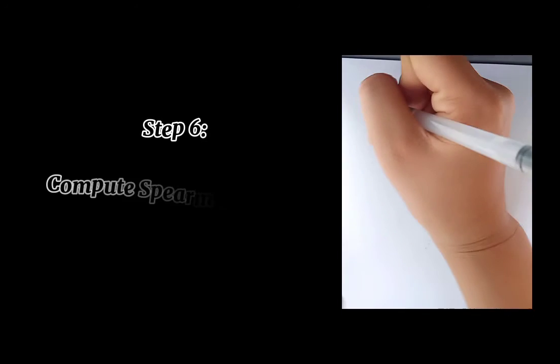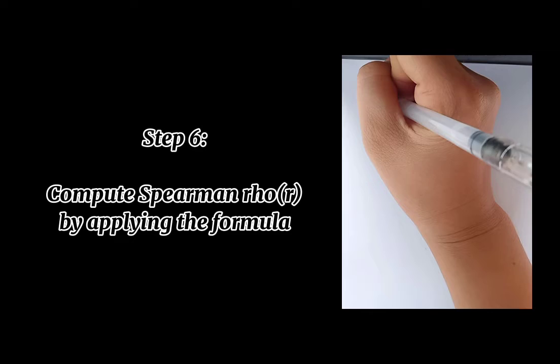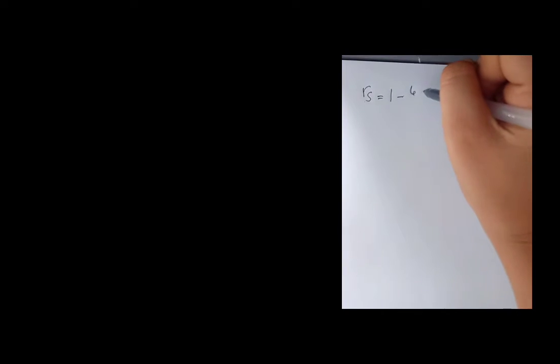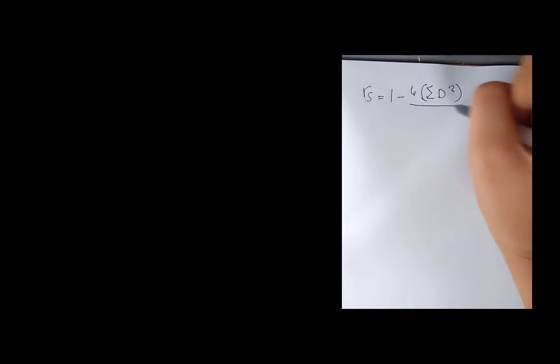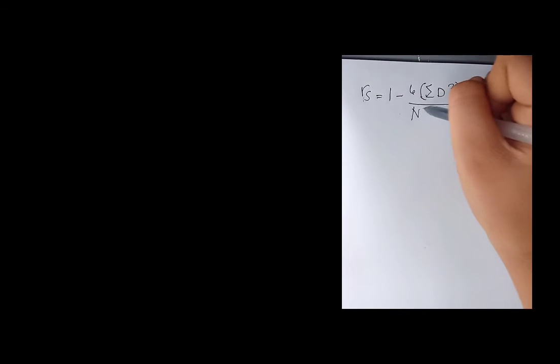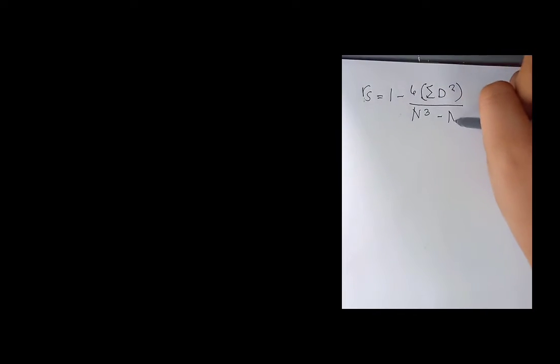Let's proceed to step 6, which is to compute Spearman rho by applying the formula. So this is the formula of Spearman rho. RS, or our Spearman rho, is equal to 1 minus 6 multiplied by the summation of d squared over n cubed minus n.